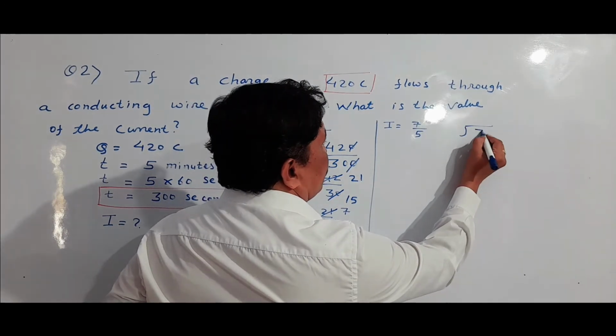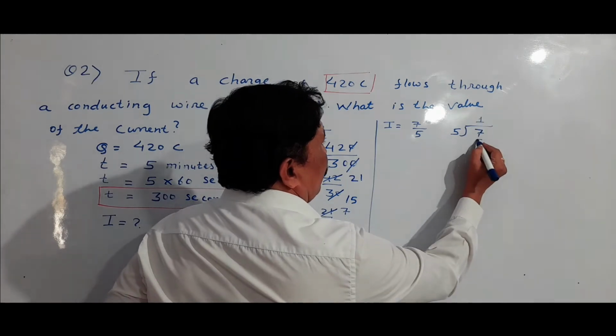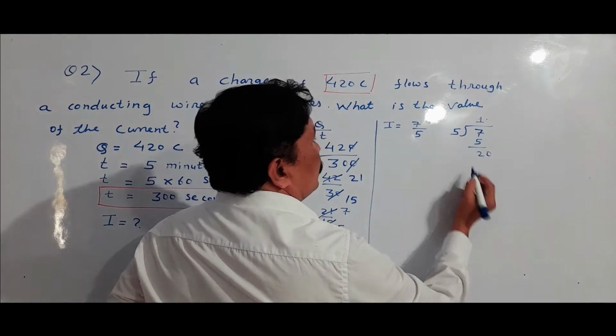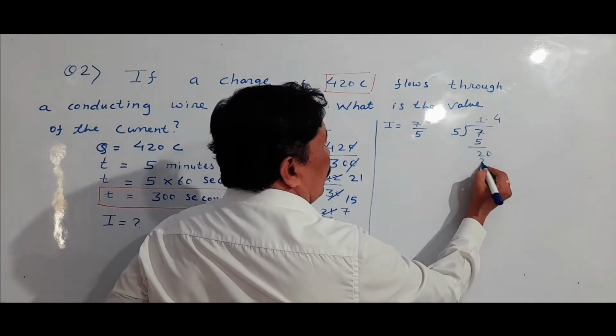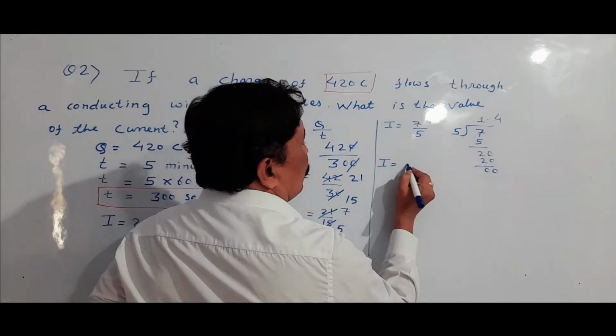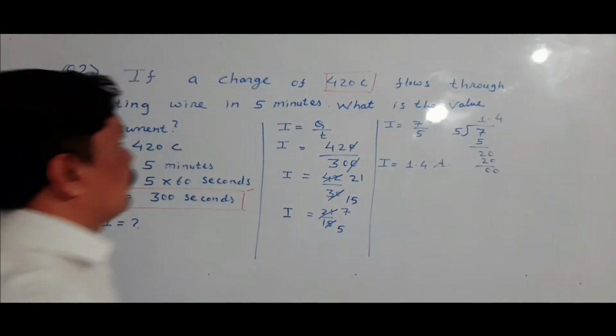Let's divide. 7 by 5. 5 ones are 5, 2, put 0, 5 fours are 20. I is equal to 1.4 ampere.